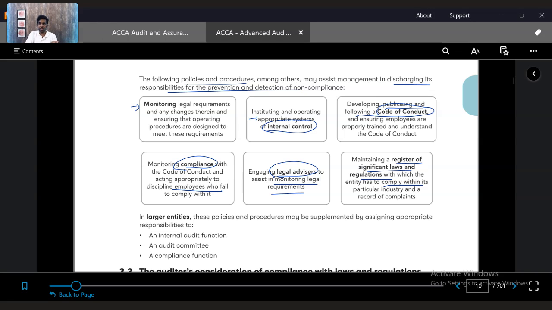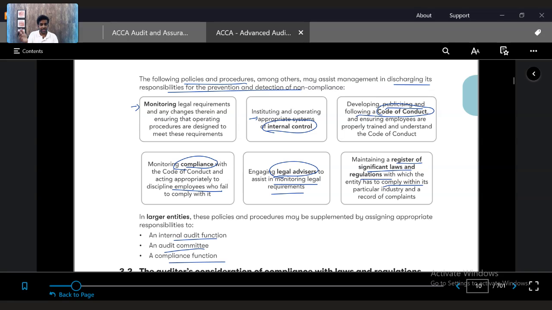Entities will create separate departments like the internal audit committee and compliance divisions to ensure that these policies and procedures are assigned and followed on a day-to-day basis by the employees of the company.